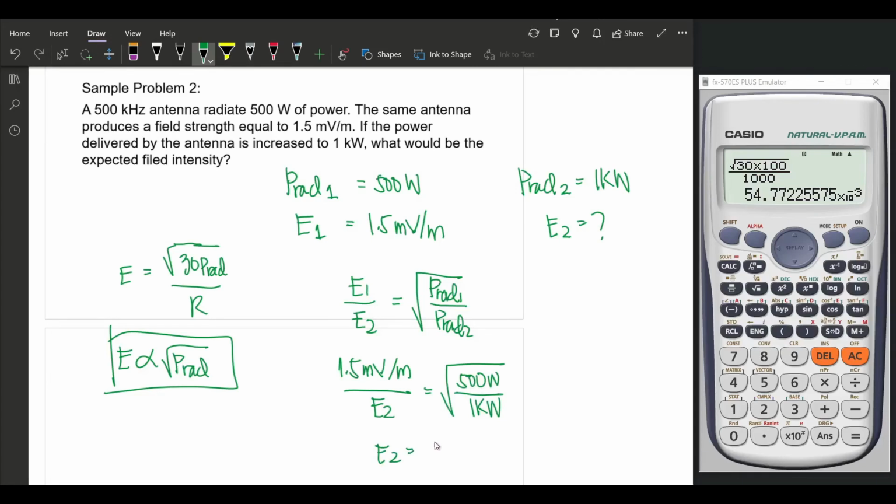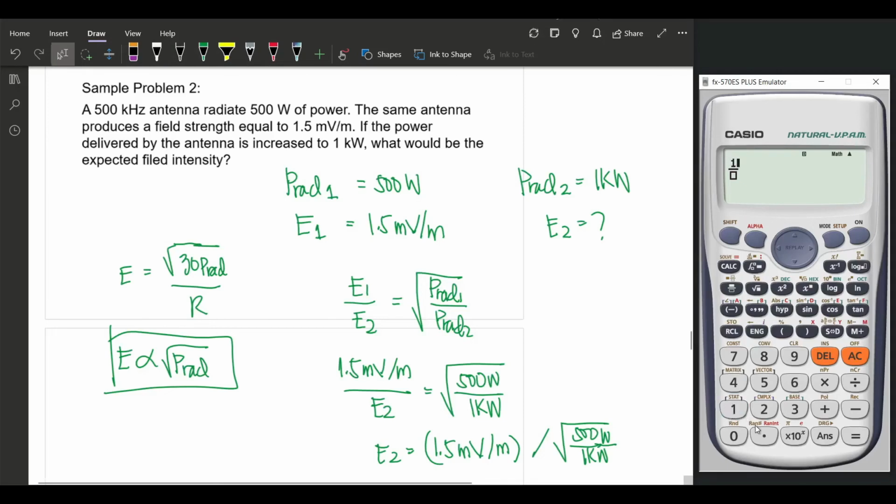So kung babaliktad lang siya, so magiging 1.5 to divide. Okay, so the field strength should be 2.12 millivolts per meter.